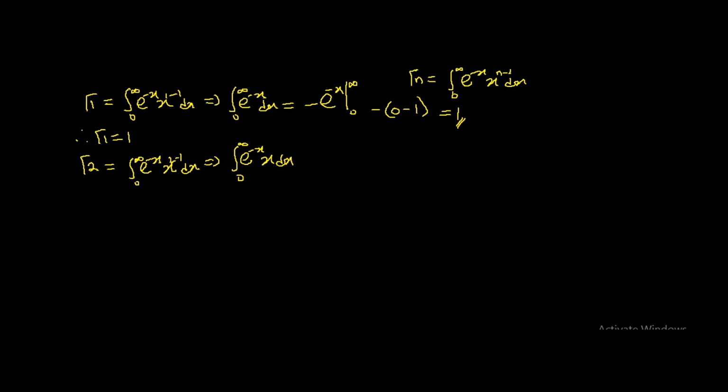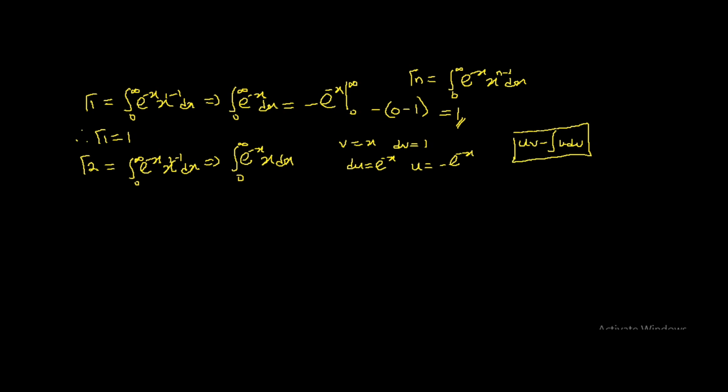So let's take our u to be equal to x. The du is going to give us 1. Let's take our dv to be equal to exponential minus x, then v is going to give us minus exponential minus x. So let's substitute into uv minus the integral of v du. This is from integration by parts.